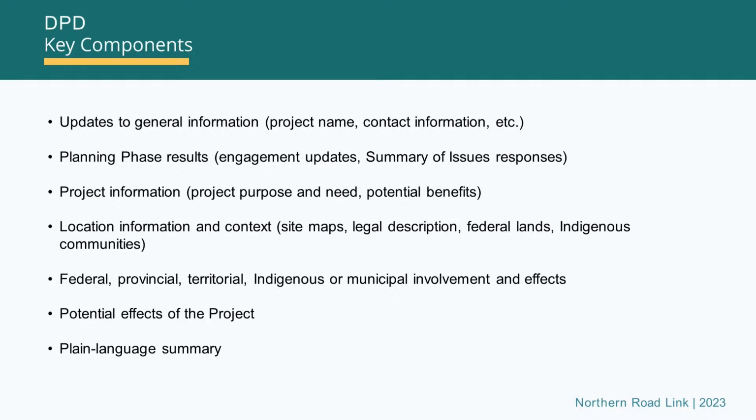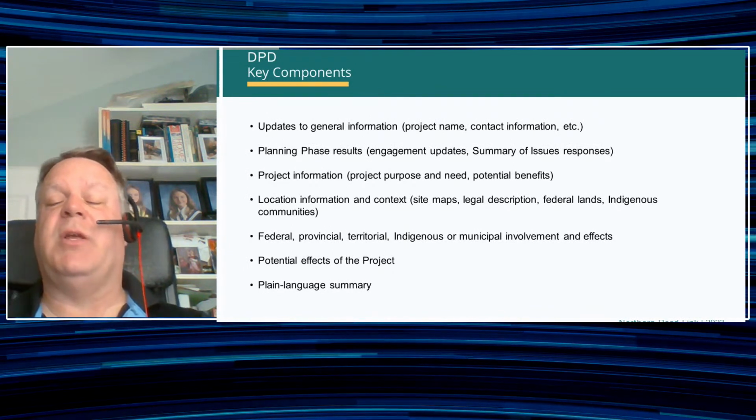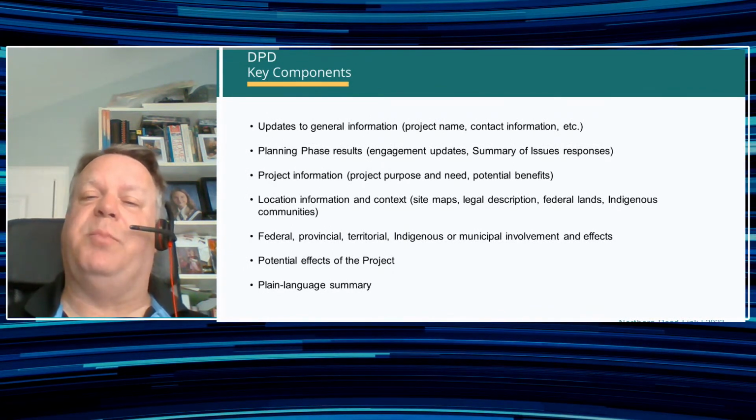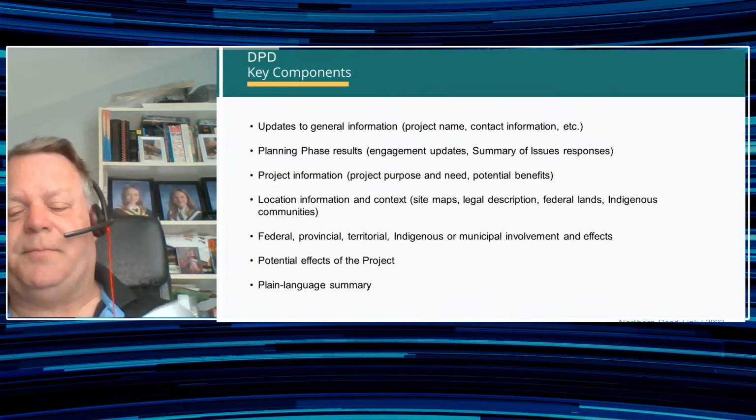You have to identify any federal, provincial, territorial, Indigenous, or municipal involvement and associated potential effects of the project, and of course a plain language summary in both English and French, so that non-technical people can understand the project.